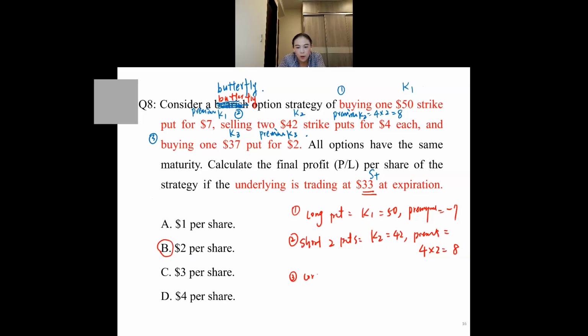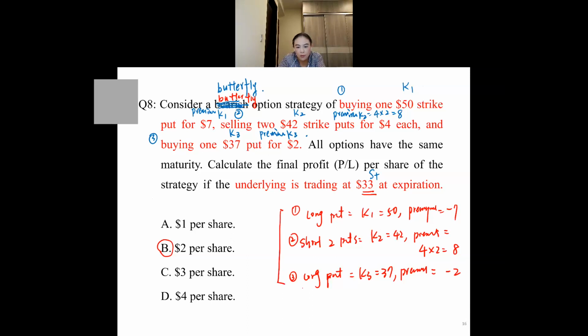Third one is you go long a put with K3 equals $37, and because you go long, you have to pay the premium. Premium is -2. That's the scenario, okay?